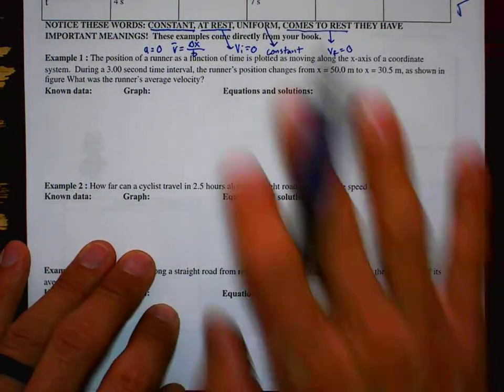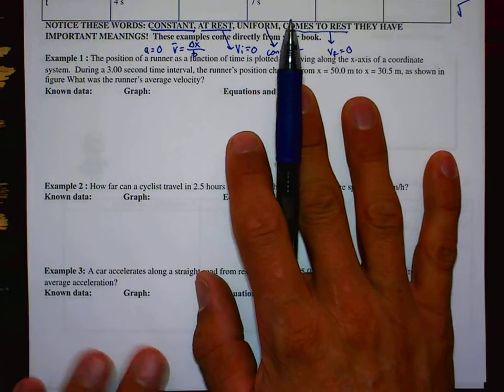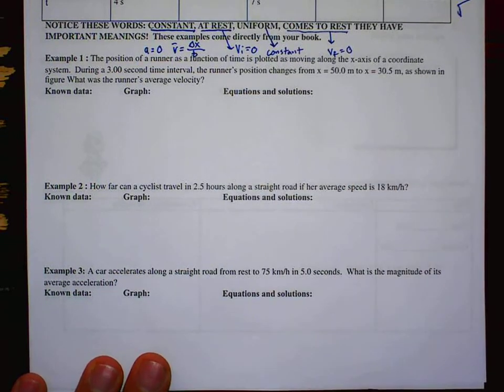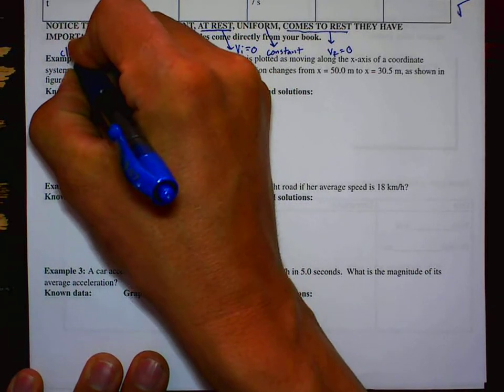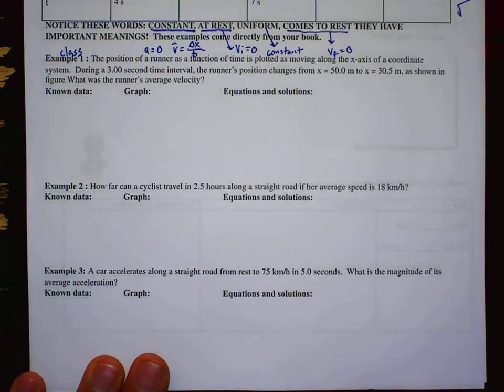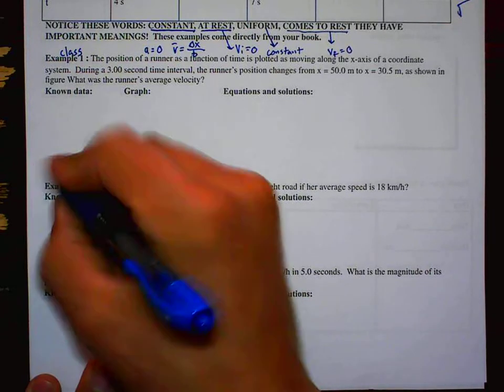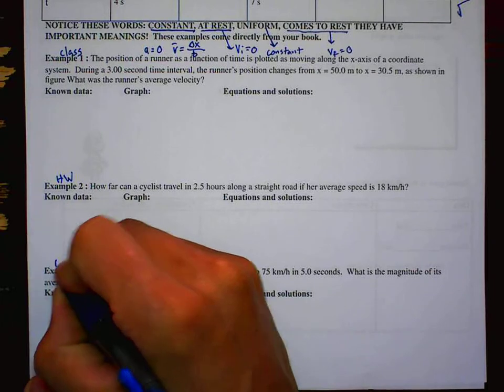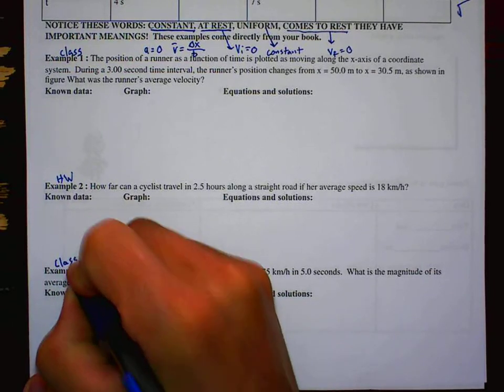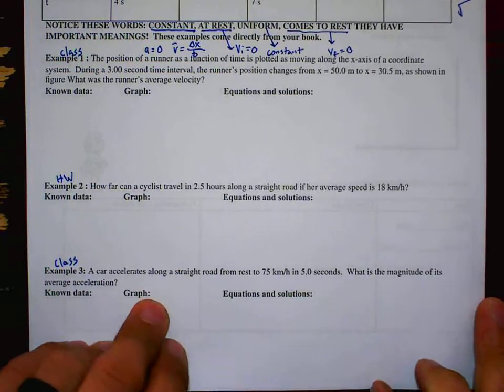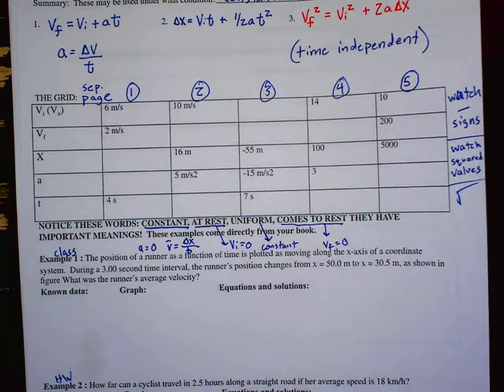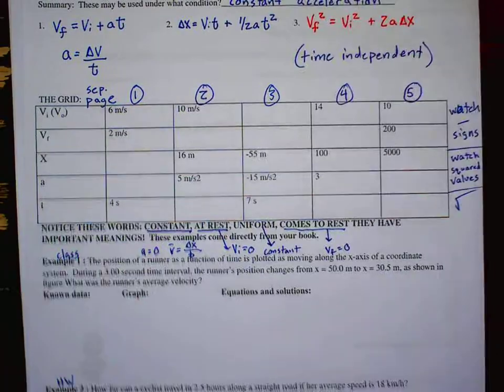Okay, so we're going to do a few of these together. I'm going to lay out what your homework assignment and your in-class assignment is. We'll do this one together in a minute. So that's an in-class. This one, homework. This one we'll do together in just a second. Okay, let's turn to the next page.